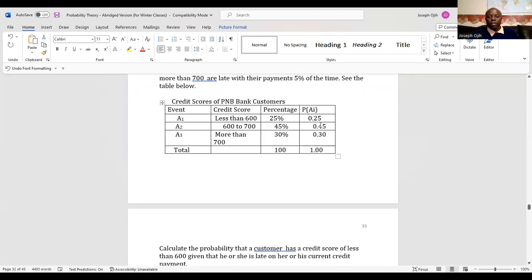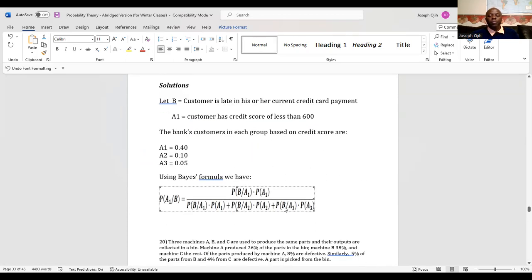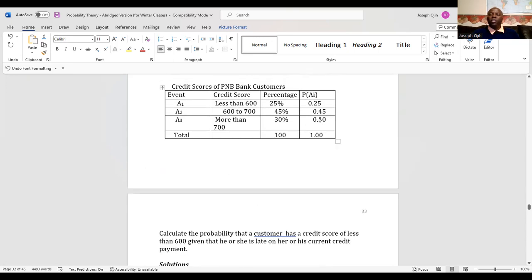And the probability that the customer was late in payment given A3 is right here, times the probability of A3, which is here. So all you need to do is just plug these numbers into the formula. That's what I'm doing in the next workbook, where we can put this information and then transfer it to this one.